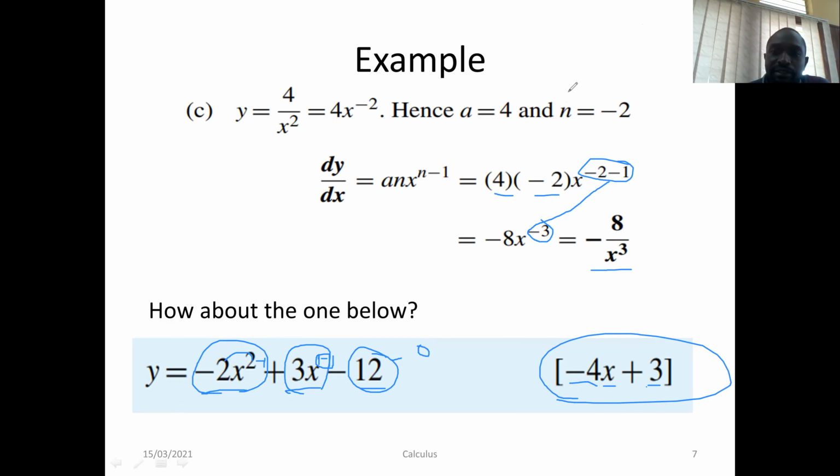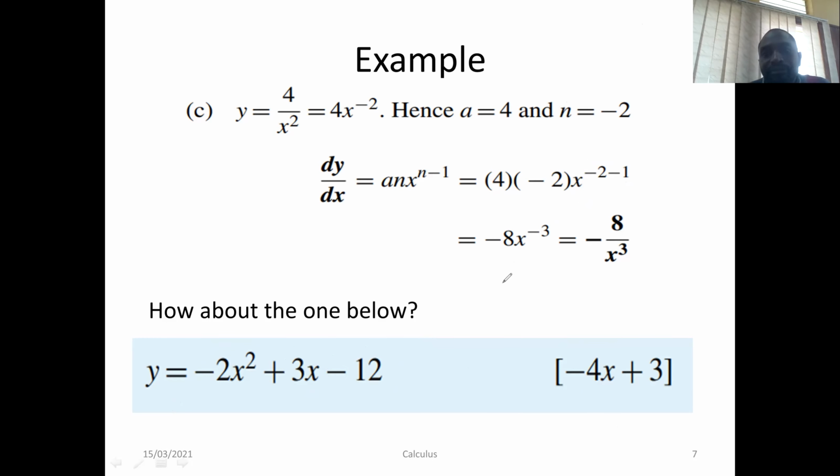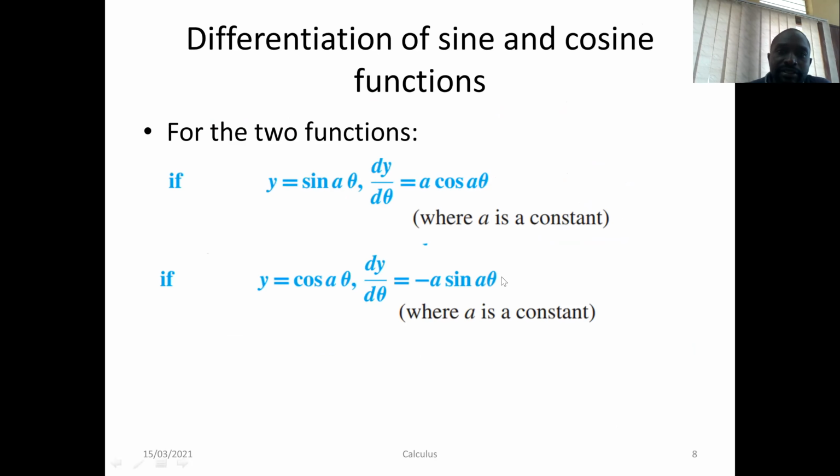Let's move on now to look at the next set of derivatives, how to differentiate sine and cosine functions.